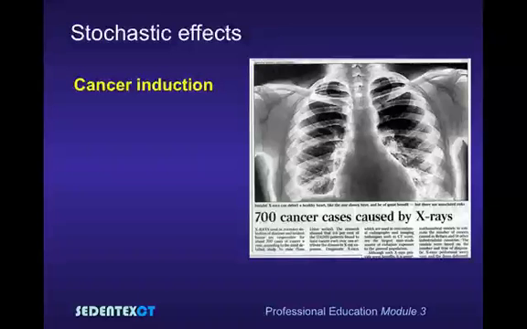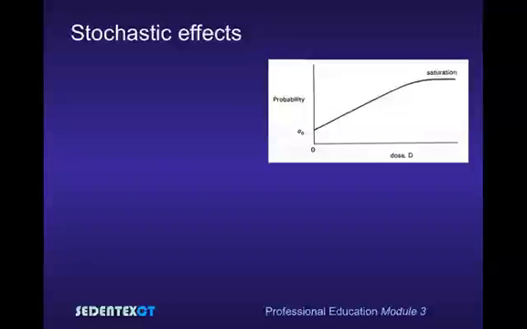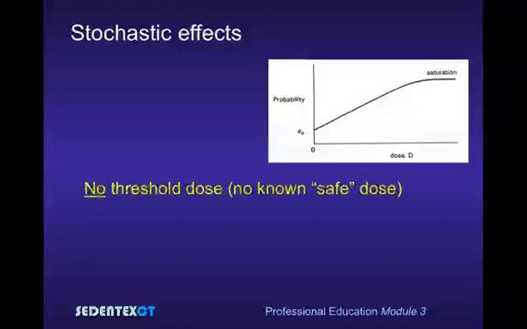Incidentally, the image on the right is a cutting from a newspaper where the cancer cases attributable to X-ray exposure have been commented upon in the popular press. How do these stochastic or chance effects differ from deterministic effects that we looked at earlier? Well, there is no known threshold dose.